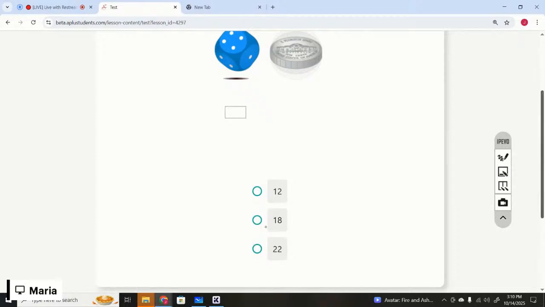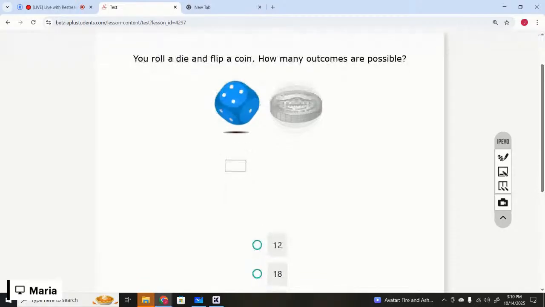You roll a die and flip a coin. How many outcomes are possible?